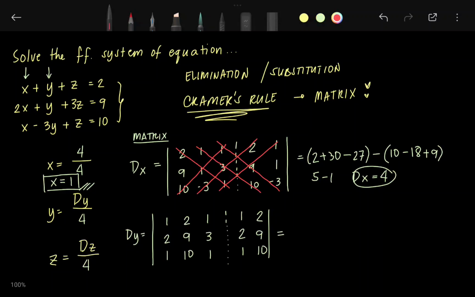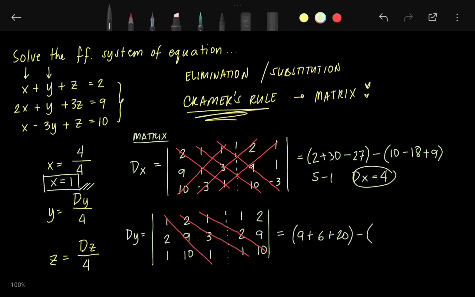Equals. Multiply all the downward diagonals. 1 times 9 times 1 is just 9. Plus 2 times 3, 6 times 1 is positive 6. Plus 1 times 2 is 2 times 10, 20.